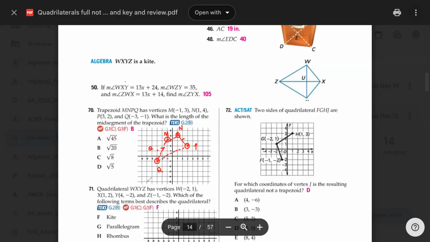Then those are not parallel, right? Minus 1 to 2. They're not parallel then. How about this N to P? N to P on the x-axis moves 2 units.